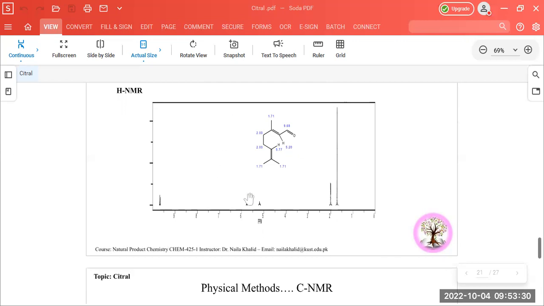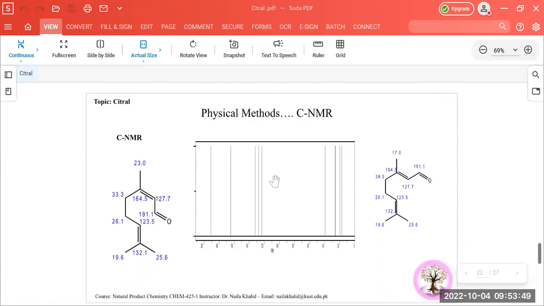In both isomers the proton NMR is the same, and you have the double-bonded CH and the CH3 at 1.71. You will get this type of spectrum.